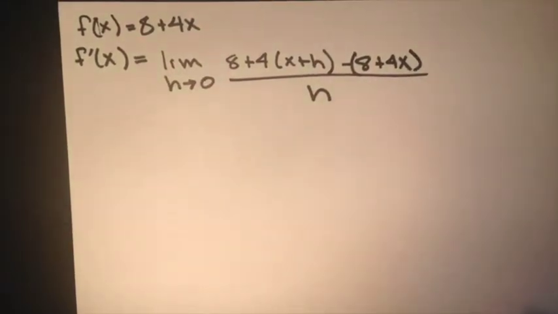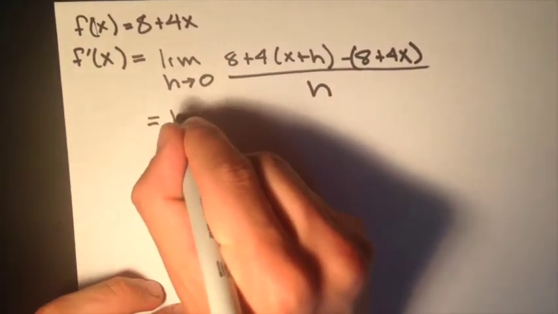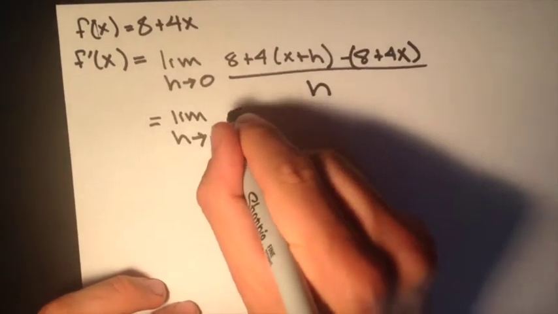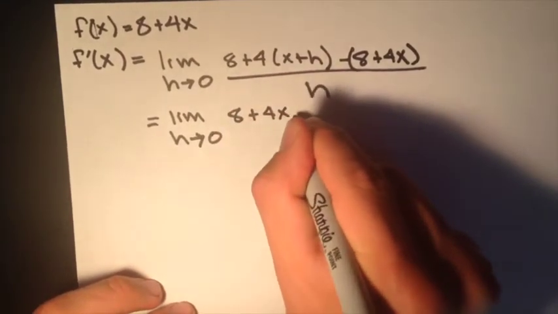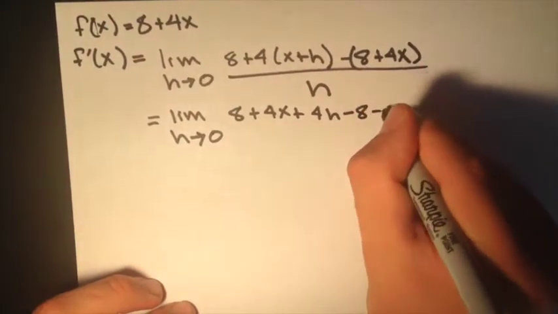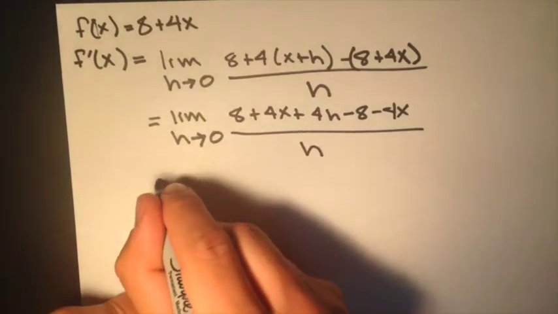The goal of these limit problems is to use algebra to get rid of the h on the bottom of the equation. So if we multiply it out, we get, as the limit of h approaches 0, 8 plus 4x plus 4h minus 8 minus 4x all over h.